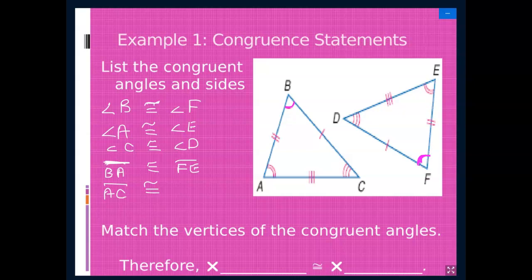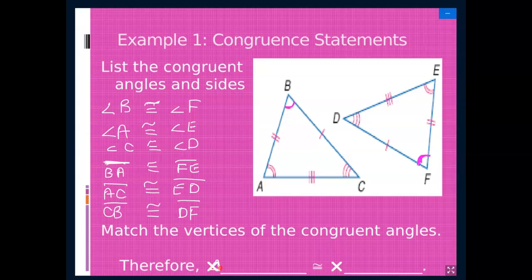So that's E to D. And last, let's go C back to B. So that would be like going from D to F. So 3 sides, 6 congruency statements.